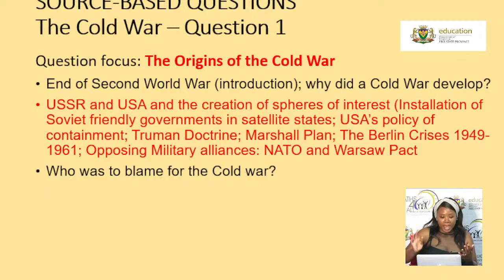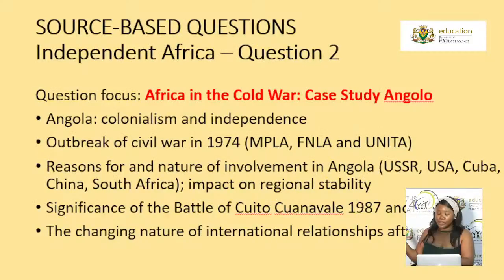And then the other source-based question, Question 2, which is Angola. For Angola, you need to understand colonialism and independence and the outbreak of the civil war in 1974 between the MPLA, FNLA, and UNITA. Also, the other focus is the reasons for and the nature of involvement in Angola from international powers such as the USSR, USA, Cuba, China, and South Africa.